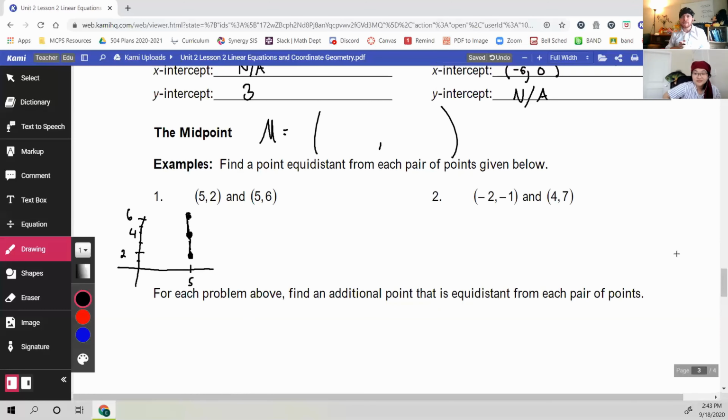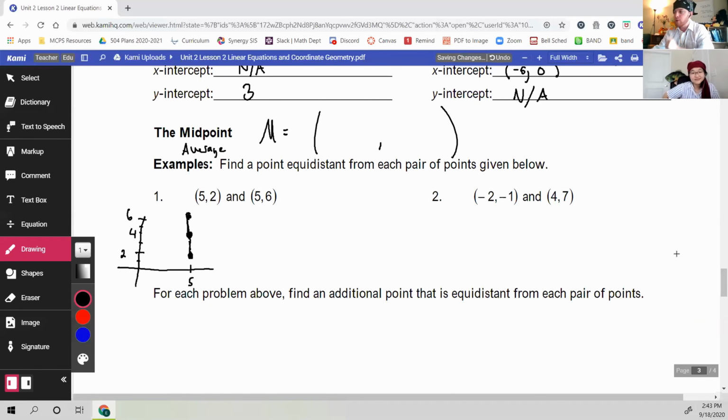There are 3 types of middles, right? The mode, the median, and the mean. What we want to do here is find the midpoint, in other words, the average point.